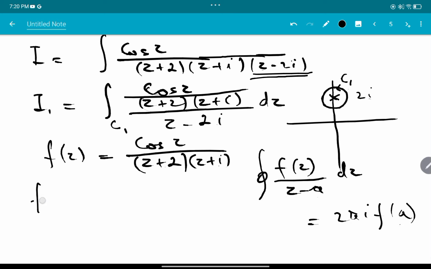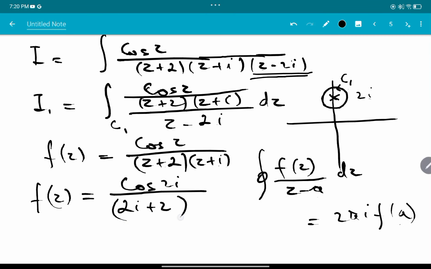So we have f(z) equal to cos z divided by (z plus 2) into (z plus i). At z equal to 2i, it is cos 2i divided by (2i plus 2) into (2i plus i). Now see cos 2i.